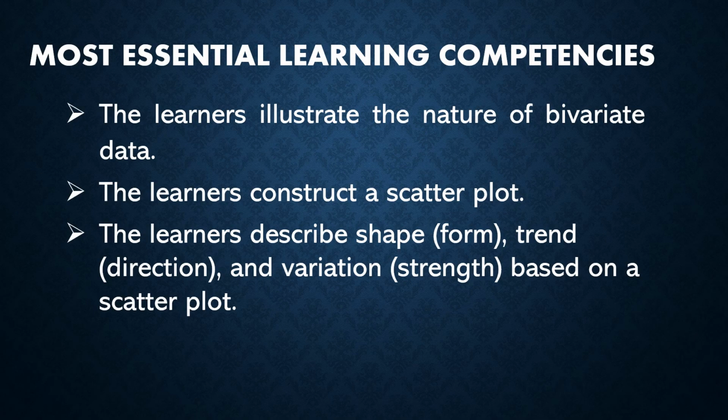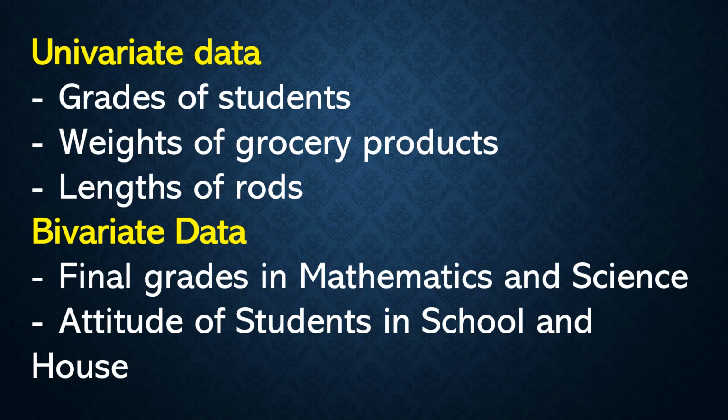For today's discussion, you will be able to illustrate the nature of bivariate data, construct a scatter plot, and describe the shape, trend, and variation based on a scatter plot. Let us first differentiate univariate from bivariate data. Examples of univariate data are grades of students, weights of grocery products, lengths of rods.